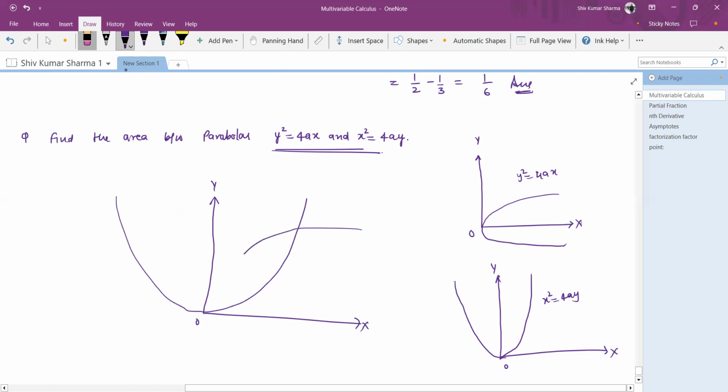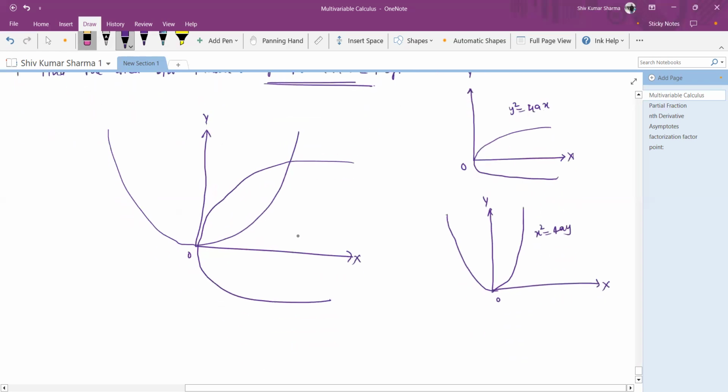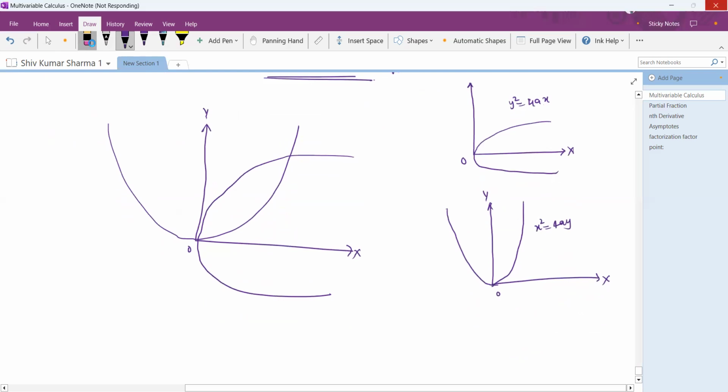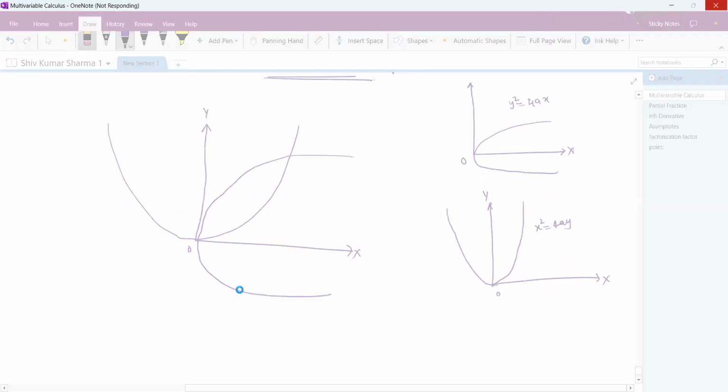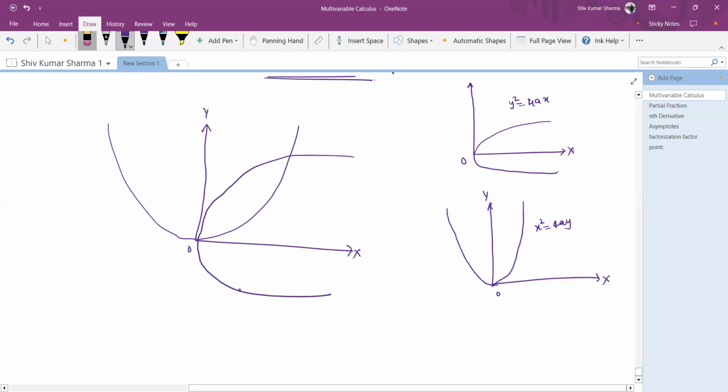So we make the picture to understand it clearly. This is the parabola y square equal to 4x.